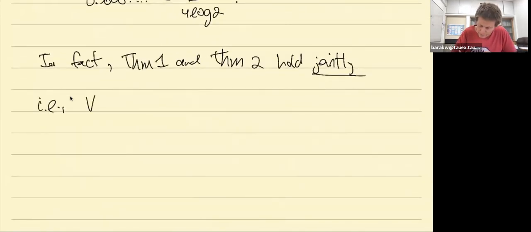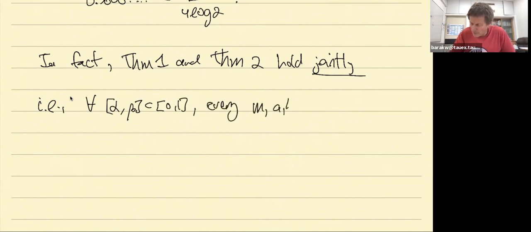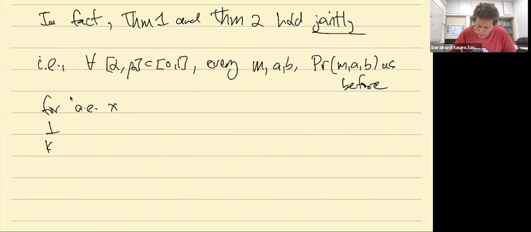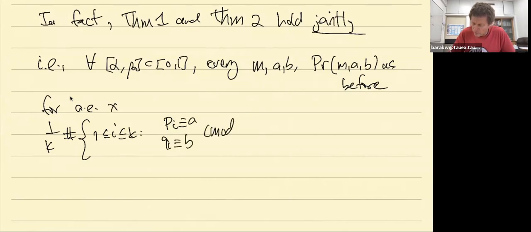For every alpha, beta as before, every m, and every A, B with PR as before, for almost every x again, 1 over k times the number of i between 1 and k such that pi is congruent to A and qi is congruent to B mod m, that's what I wanted in the first theorem, and I wanted the displacement to land in alpha beta.